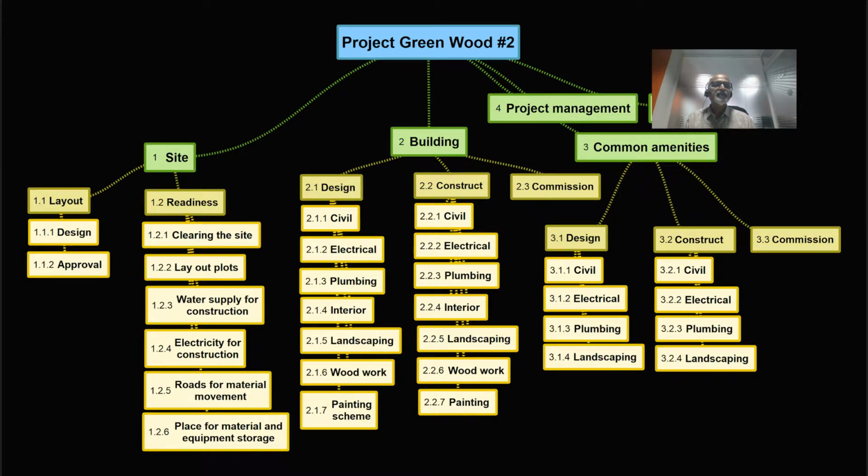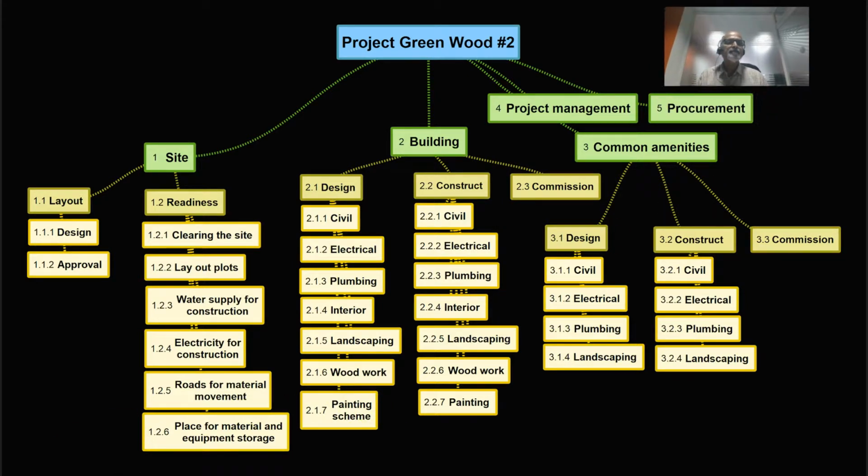So if you really look at this one, this is again our Project Greenwood. We have the site preparation and the building and the common amenities. But then I've added some more elements like project management, because it is not part of the deliverable, but still this must be performed to transform the design into the real deliverable.